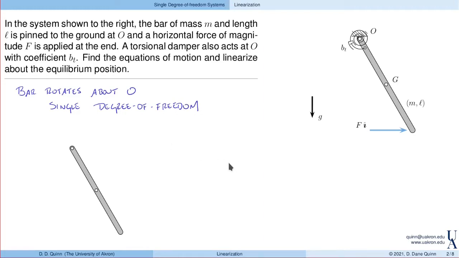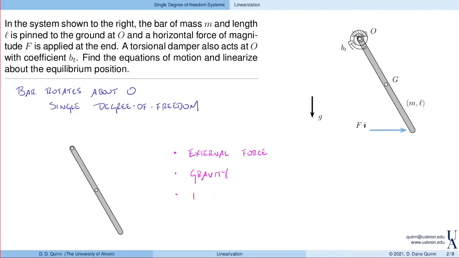What forces act on this object? Well, we have the external force, F, that's shown in the figure. We also have the gravitational force, right? So there's a force due to gravity.